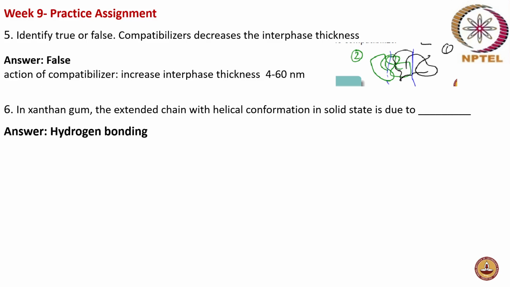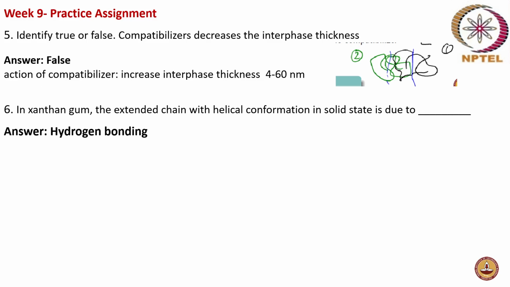Xanthan gum has glucose units which form the backbone, and it also has some galactonic acid units. Obviously, the glucose has hydroxyl groups, and the galactonic acid means you will have carboxylic acid groups. These groups will have hydrogen bonding, and because of this hydrogen bonding there is a helical conformation, an extended helical chain conformation in solid state.